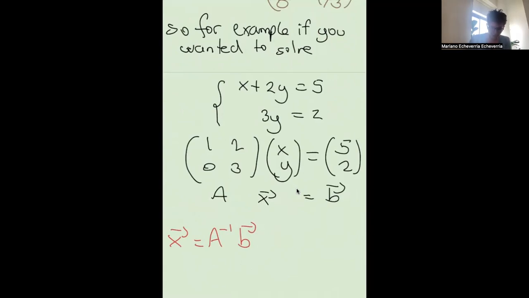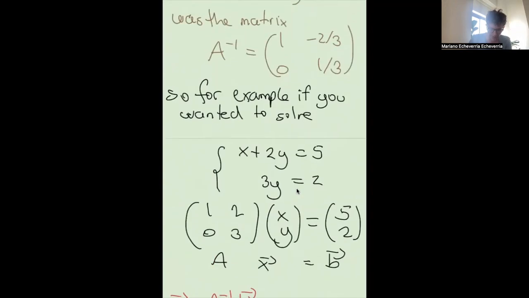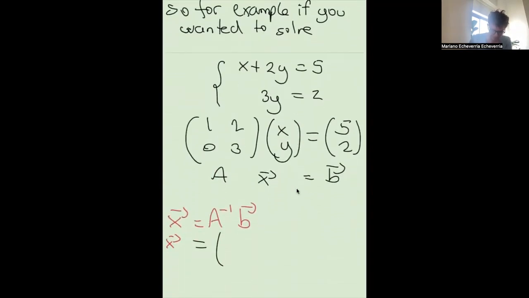So what is A inverse? A inverse is [1, -2/3; 0, 1/3], and b is [5; 2].